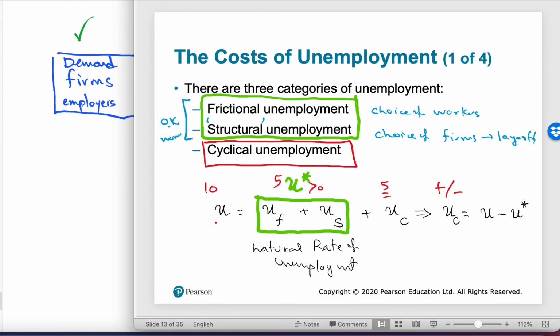Of the 10%, 5% was normal, and the additional 5% is high or recessionary unemployment. Because it can be positive and negative, it goes up and down against the natural rate of unemployment. It might be higher or lower. We call it cyclical unemployment.